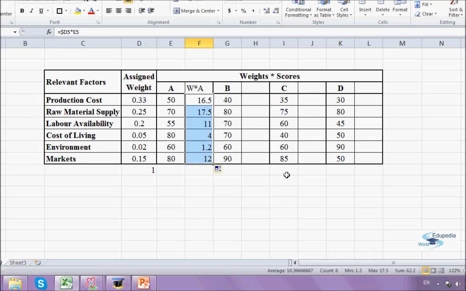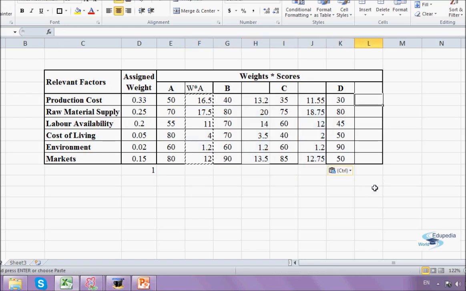Well, and then just copy the same for the rest of the sites. Okay, this will be your W multiplied by B. Then you have the weights multiplied by C, and finally you have the weights multiplied by the D.